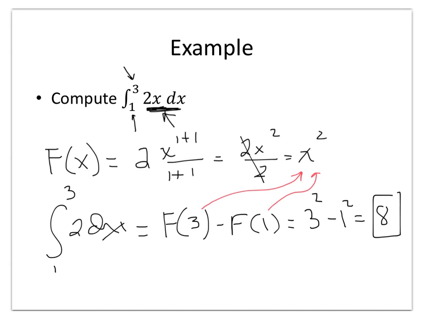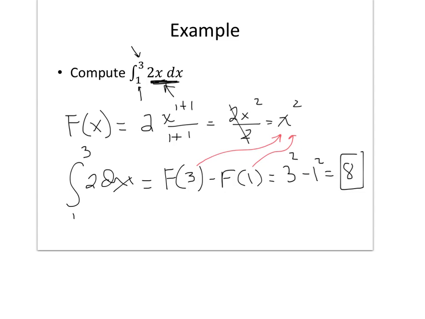Now notice that when you write this, it's really F of x equals x squared plus c, because it's a family of functions. There could be a constant.